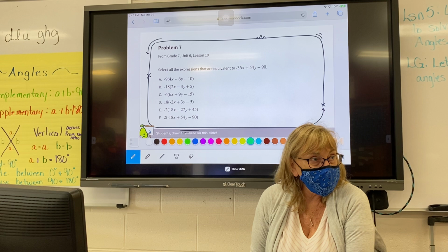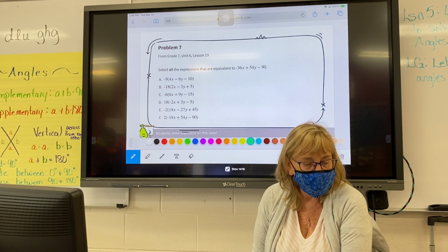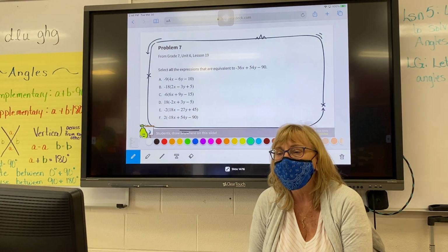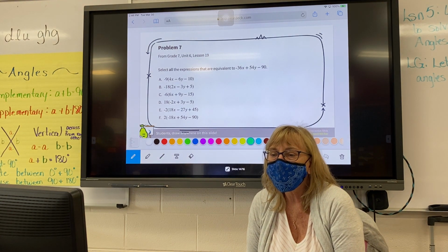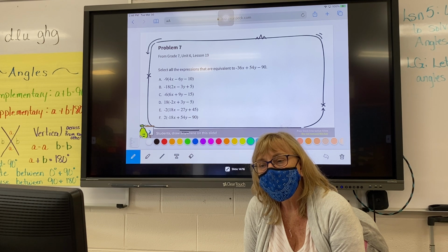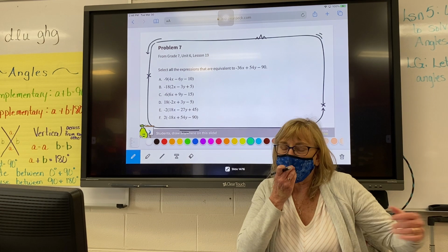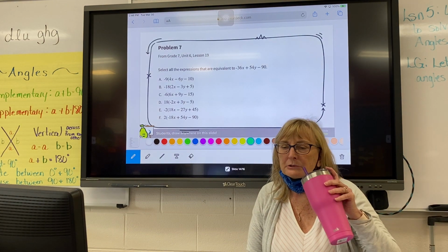Select all the expressions that are equivalent to negative 36x plus 54y minus 90. Go. Is this the last one? This is the last question, but I added another slide. So don't go anywhere when you finish this.